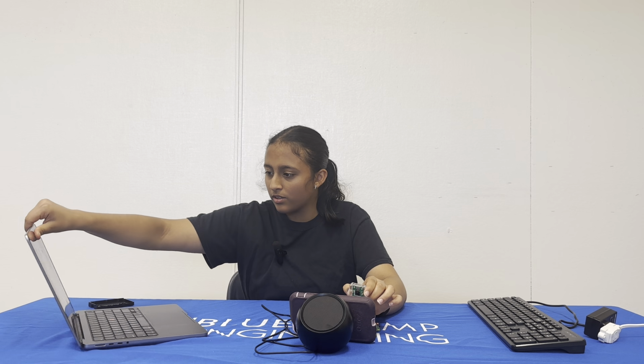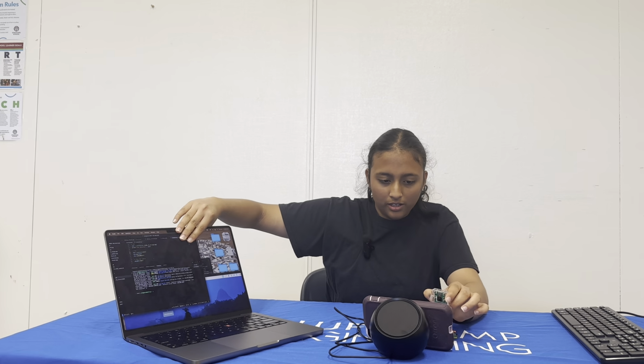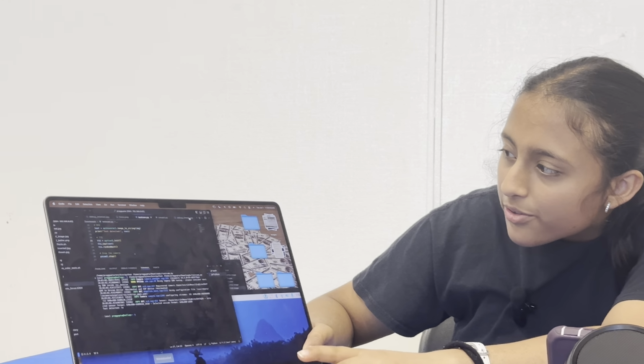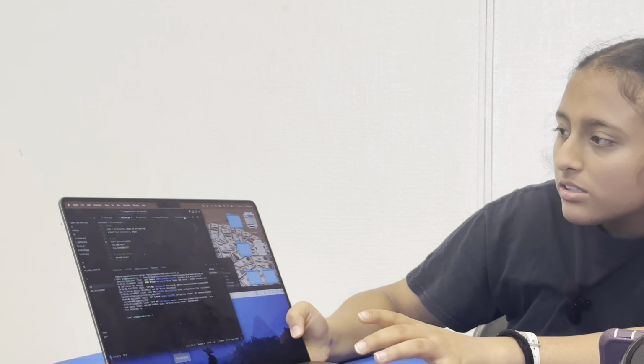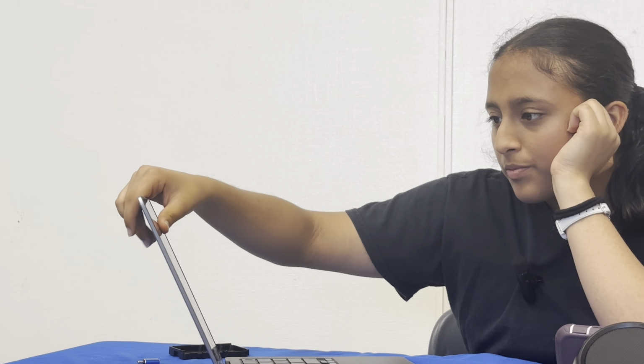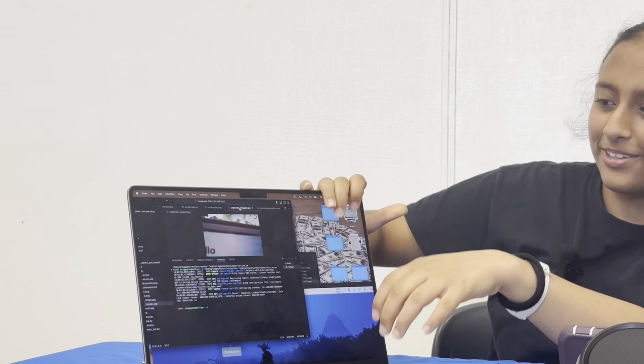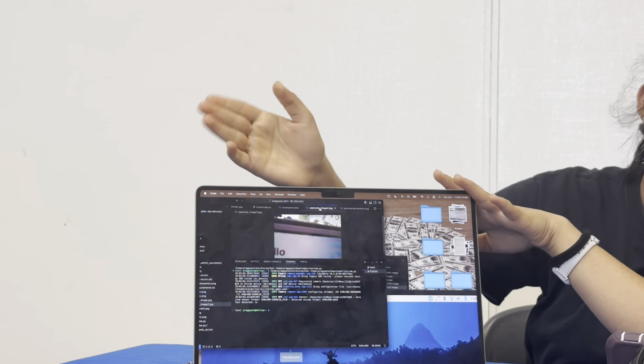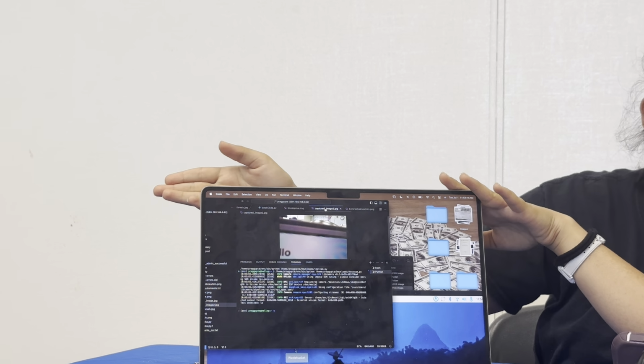Basically, it only detected L and O, and I did capture the picture. Let me pull up the picture that it captured real quick. So it only captured L and O, so that's why I was only able to print out L and O.